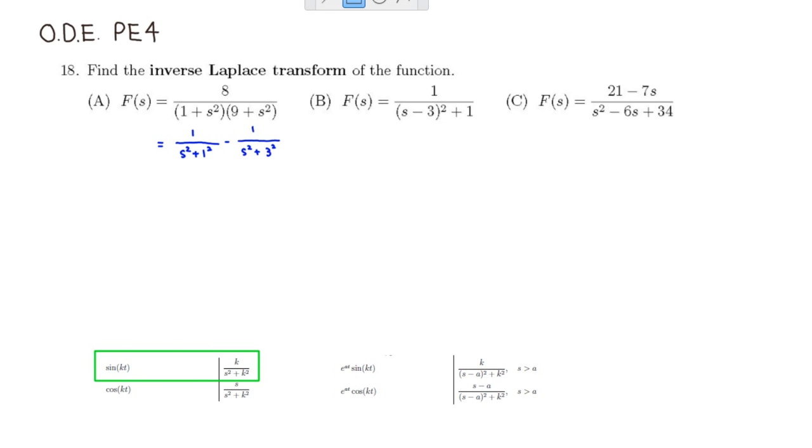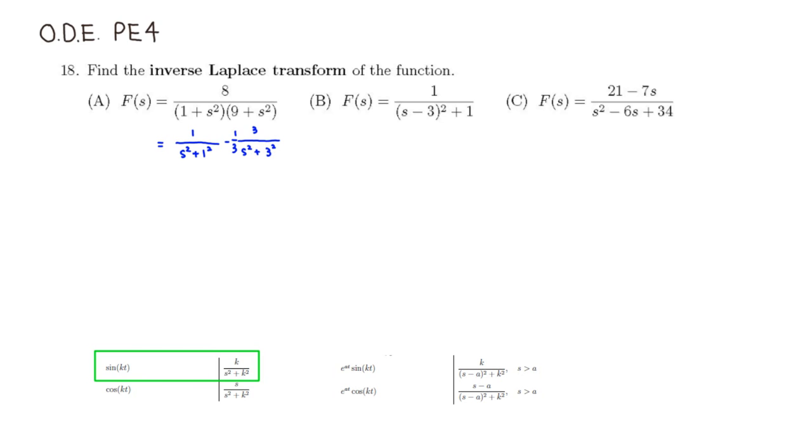So I'm going to multiply the top by 3, and then divide by 3. That way it fits exactly the form k over s squared plus k squared.